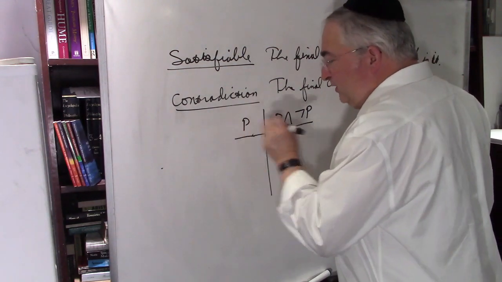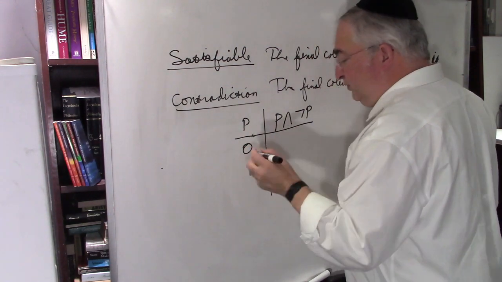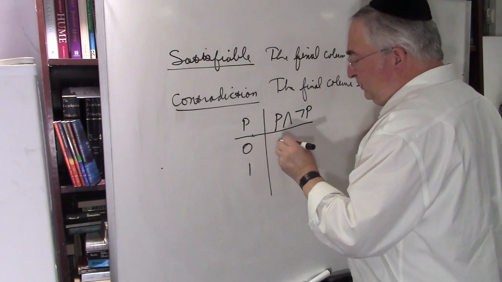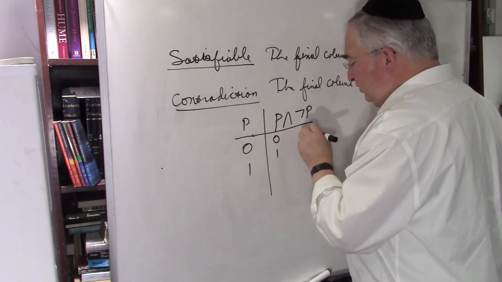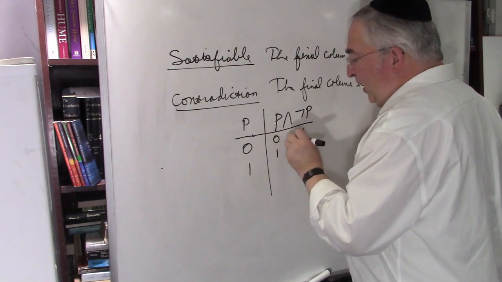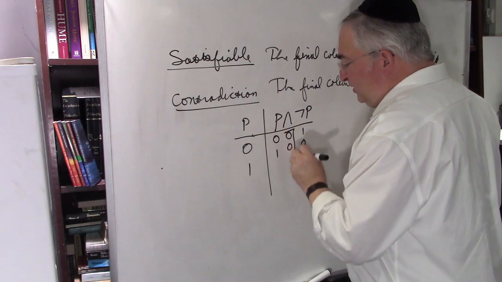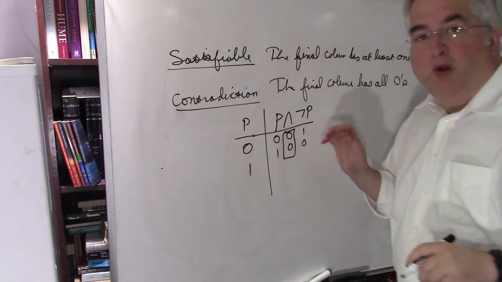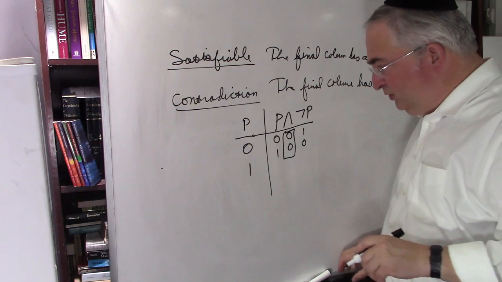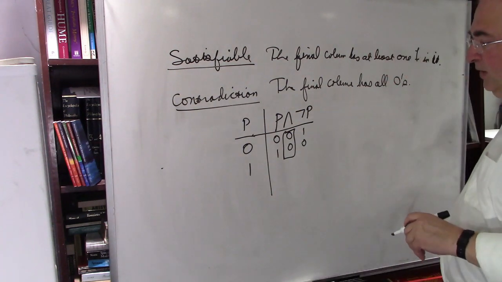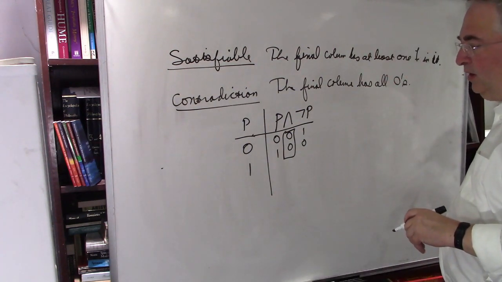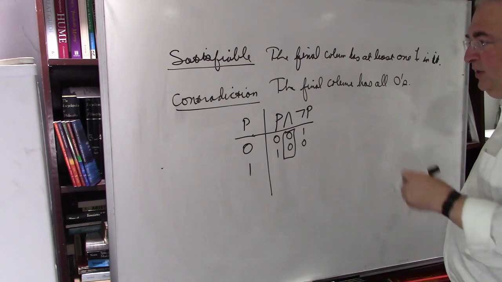Well, P is either true or false, 0 or 1. So let's write this out. This is 0 or 1, this is 1 or 0. Okay, let's do AND of it, 0, 0. That's a contradiction. There's no way you're going to make P and not P be true. Okay. So that's a contradiction.